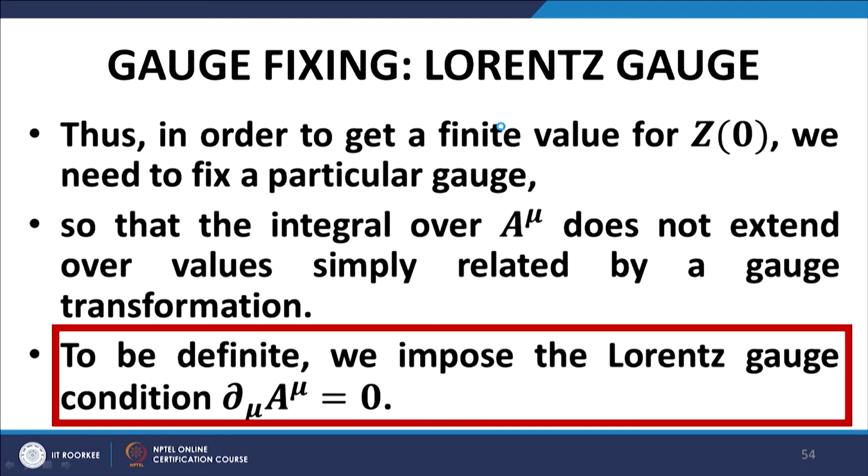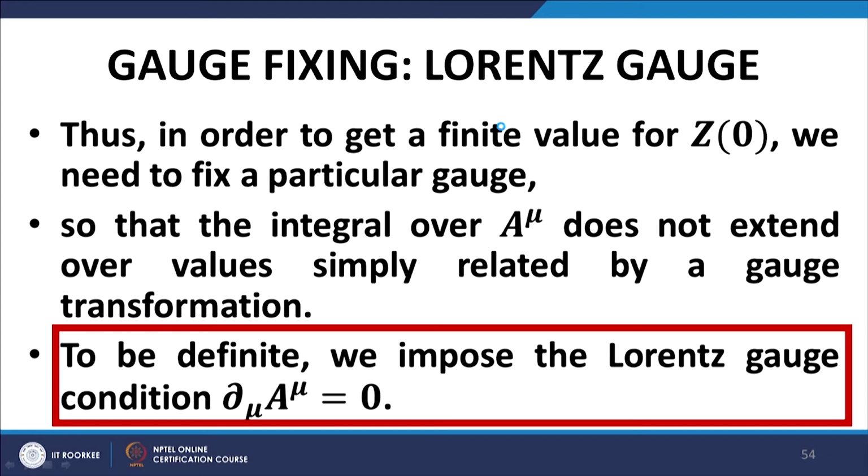So, we need to do gauge fixing here, as we did in the earlier case. We need to do a gauge fixing before we do the path integral quantization. As we discussed, the gauge fixing that is normally done is the Lorentz gauge followed by the Coulomb gauge.